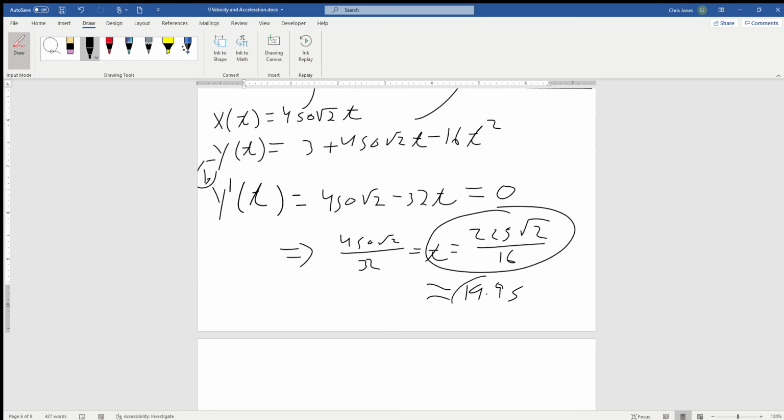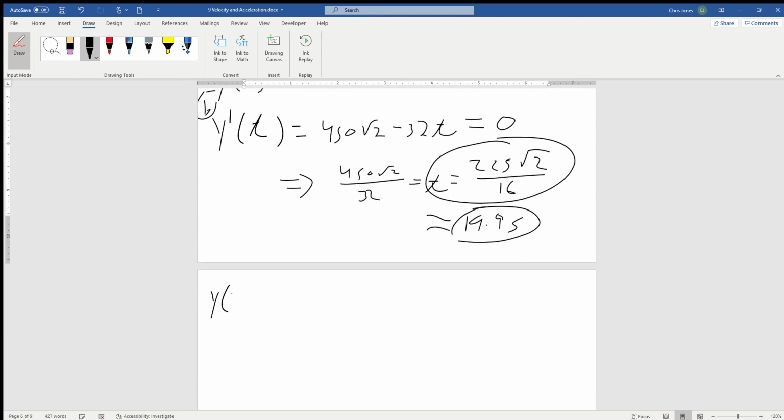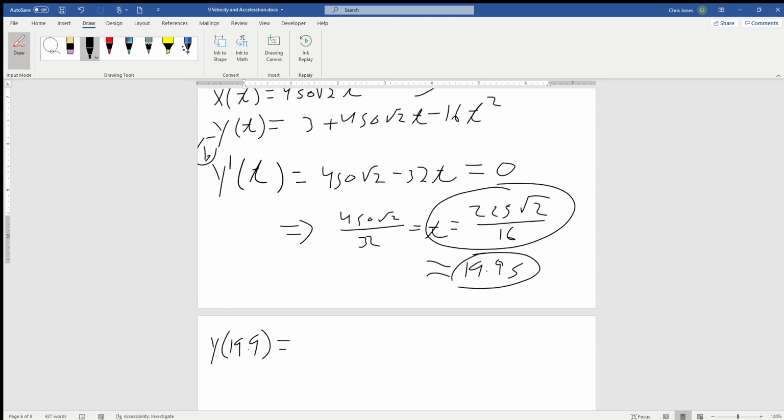All right, so let's hold on to this, and we're going to substitute that back into y and get an approximation. So y at 19.9, not y prime, but y, is going to be equal to 3 plus 450 root 2 times 19.9 minus 16 times 19.9 squared.